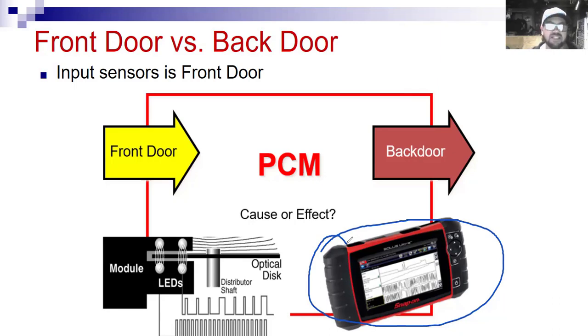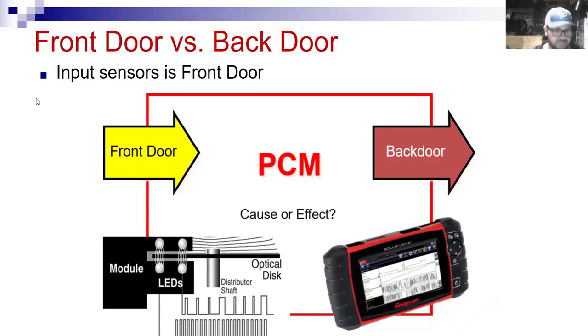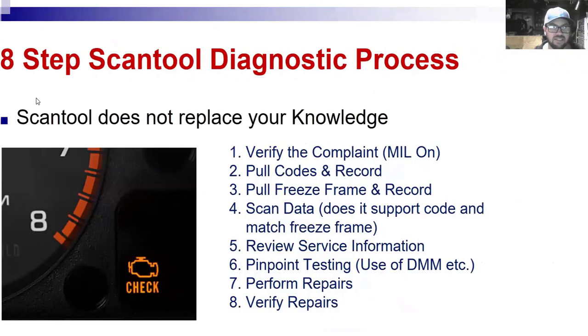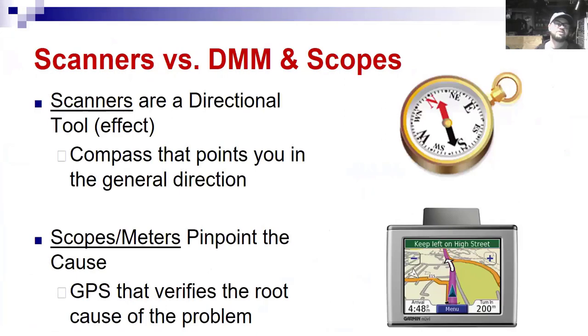That's why we like to compare our scan tool to, if I can switch to my next slide, a compass, if you will. It kind of gets you going the right direction, but usually you're going to need your multimeter, your oscilloscope, some other tool to actually pinpoint exactly what the problem is.